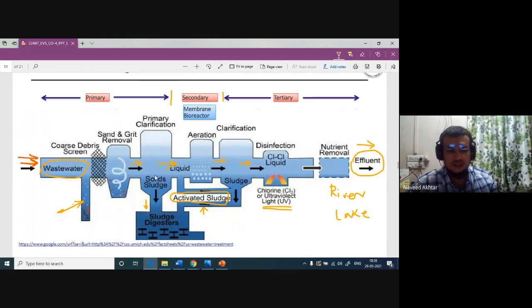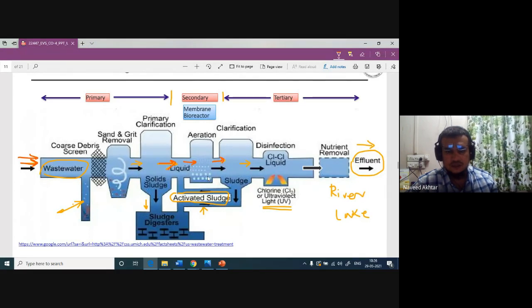Then some sludge, textile waste and other sludge are diverted to the sludge digester tank at the primary clarification, and the water free from the sludge is diverted for secondary treatment in the aeration tank.